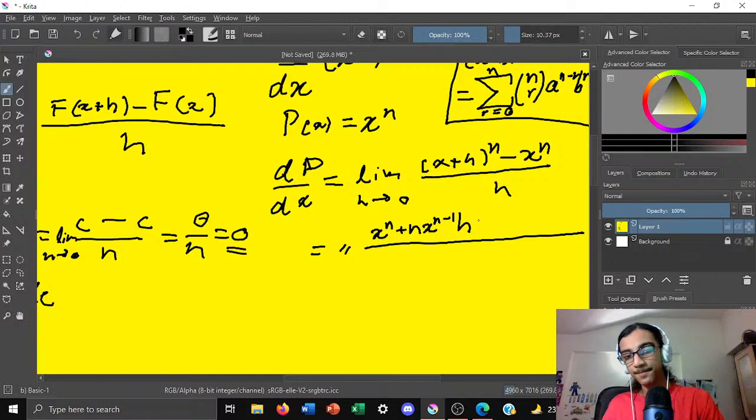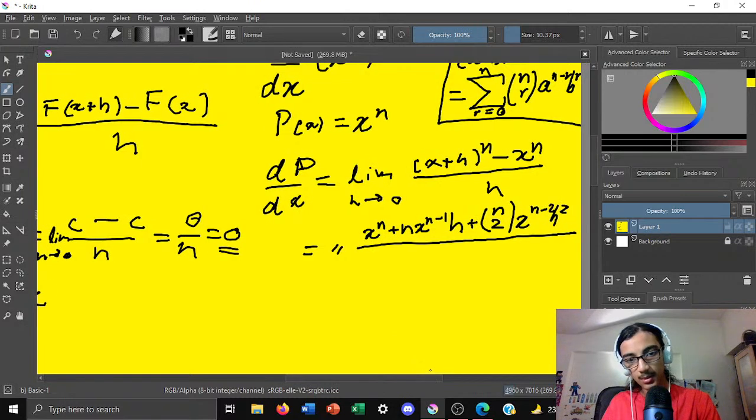And then let me just write it like this, n choose 0, n choose 1, n choose 2, right? This is some constant which you can evaluate, but trust me, it doesn't matter in the end. x to the power n minus 2 h squared, right? And we seem to have run out of space here. But anyway, this keeps on going until it ends.